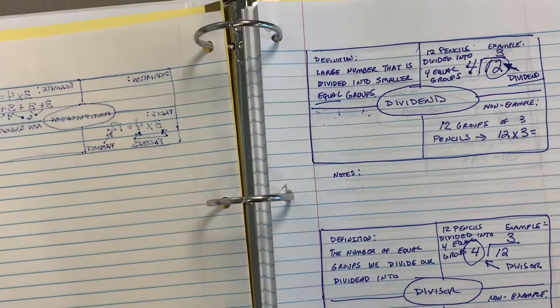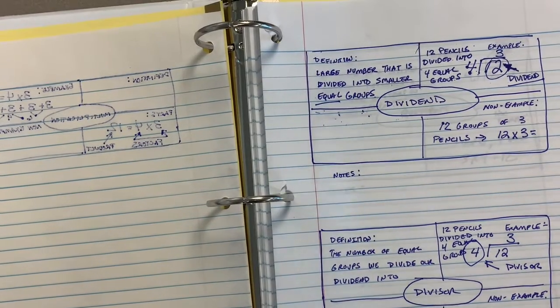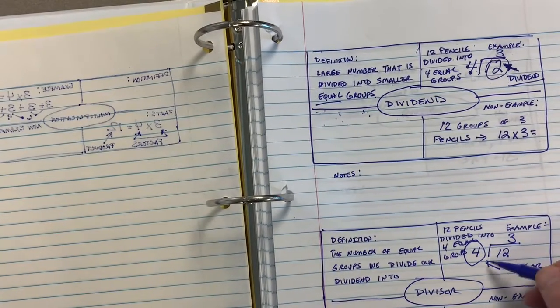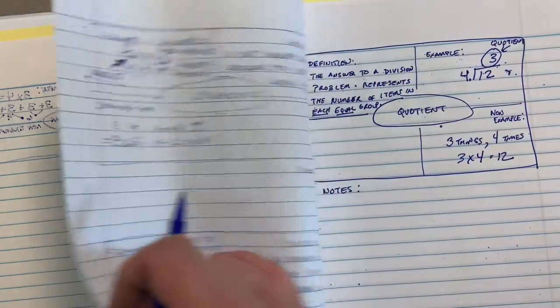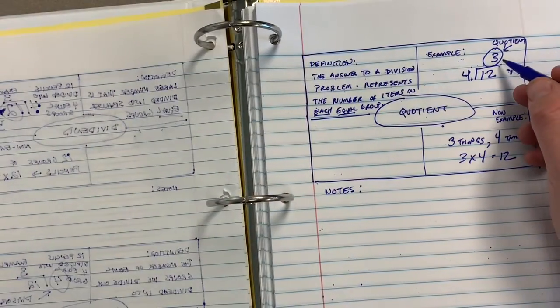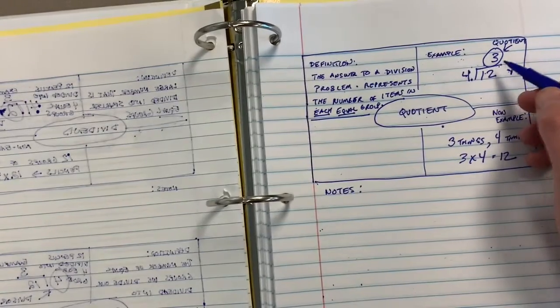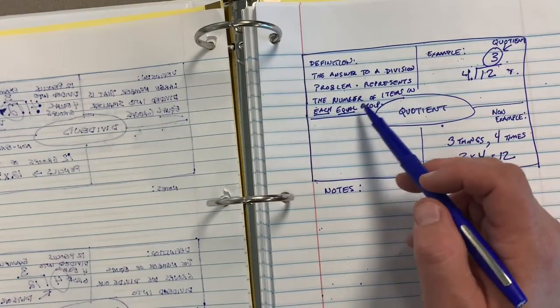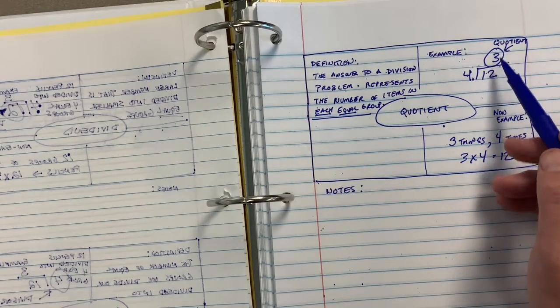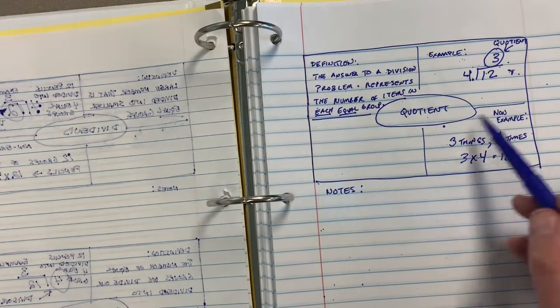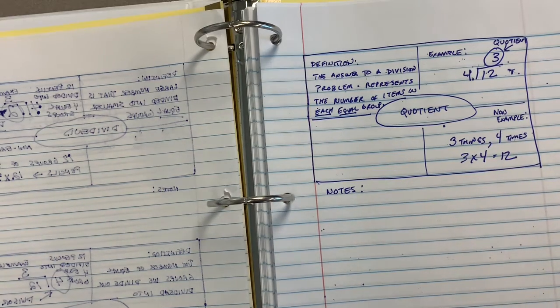Again, the number of equal groups that we divide that into is our divisor. So we're taking our 12 things, dividing it into 4 equal groups, and we get our answer, or our quotient, which is 3, and that quotient represents the number of items in each of those 4 equal groups. So 4 equal groups of 3 will give us 12. This is the inverse, or the opposite. Multiplication, again, is the opposite of division.